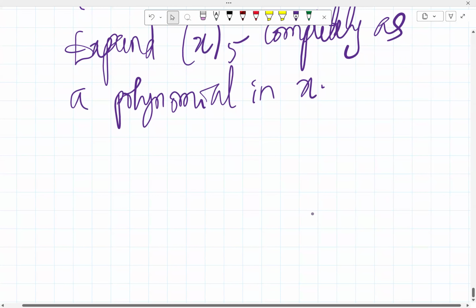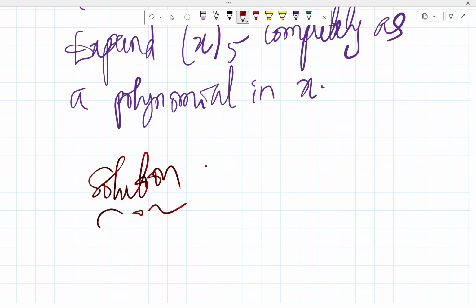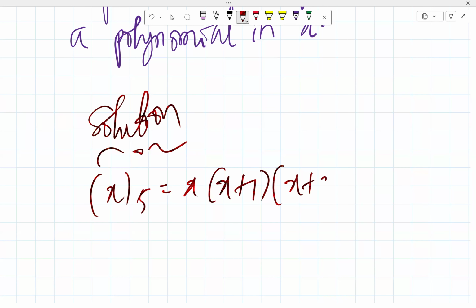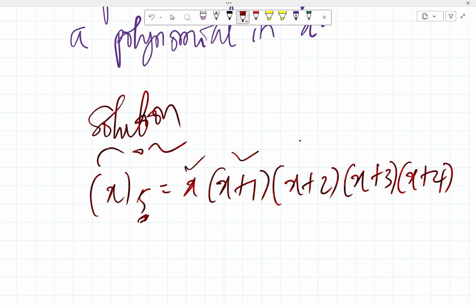That's what we want to do. So the solution is this. We know x sub 5 already is x into x plus 1, x plus 2, x plus 3, and x plus 4. You keep going until you get to a step short of 5. So that's 1, 2, 3, 4, 5. That's the concept.